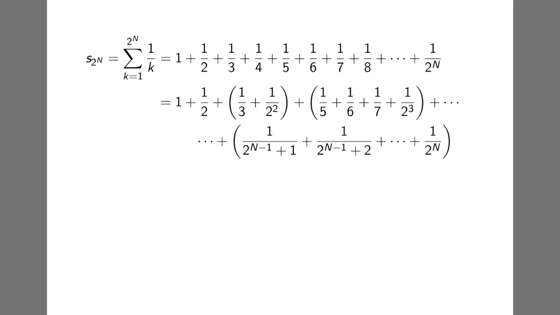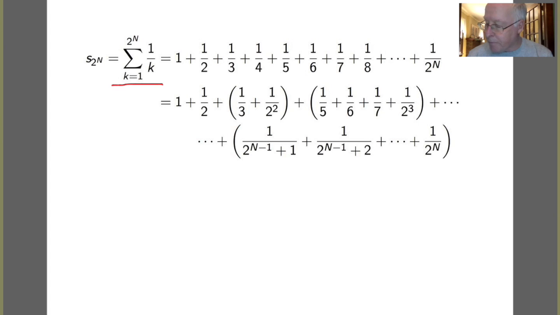So here's what the partial sum s sub 2 to the n would look like. Again, it's just the sum as k runs from 1 to 2 to the nth power of 1 over k. We can write out this partial sum like this: 1 plus a half plus a third, keep going till we get to 1 over 2 to the n. Now, our first step is to group these things into certain subsets by using parentheses.